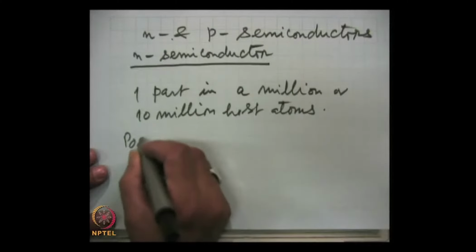These are not bound electrons, they have come to the conduction band after breaking a bond and leaving behind a vacant energy state, and that vacant energy state is responsible for the creation of the hole. Now, let me take one example of the N dopant, which is phosphorus.